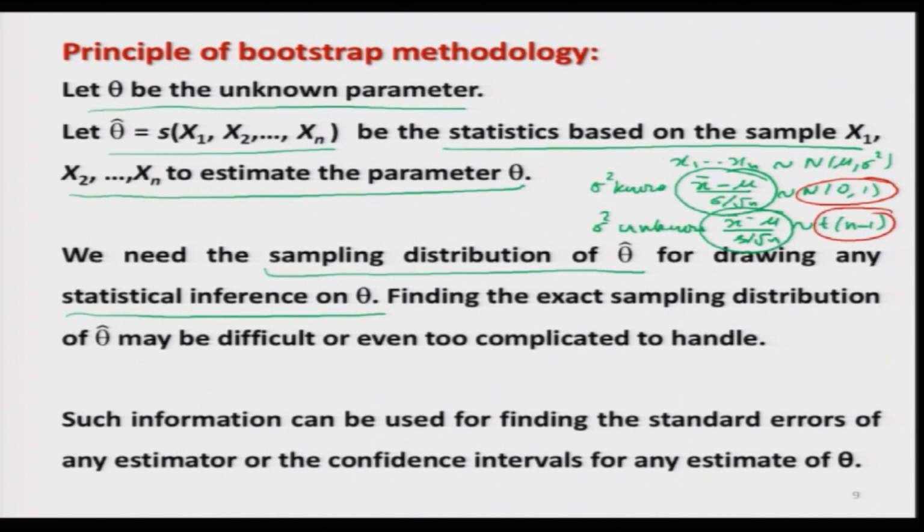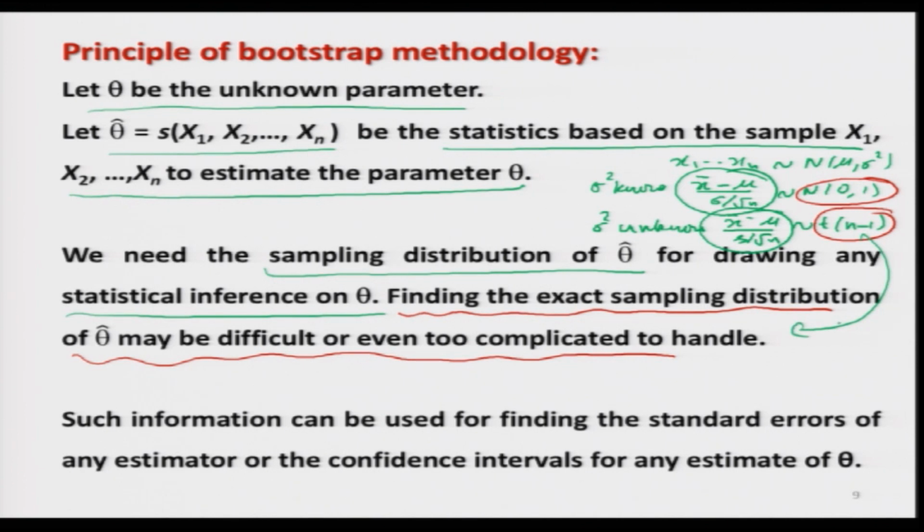Finding such an exact sampling distribution of theta hat may not always be possible, and many times it is difficult or too complicated to handle. This is what I mean by exact sampling distribution.